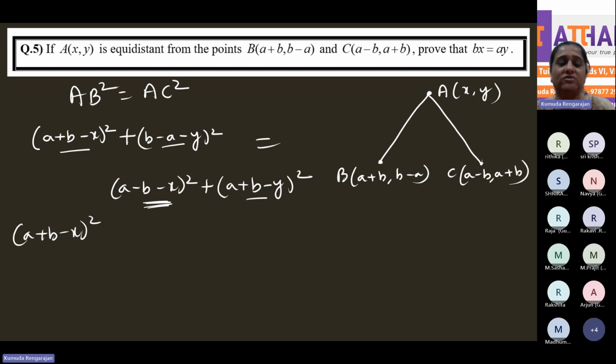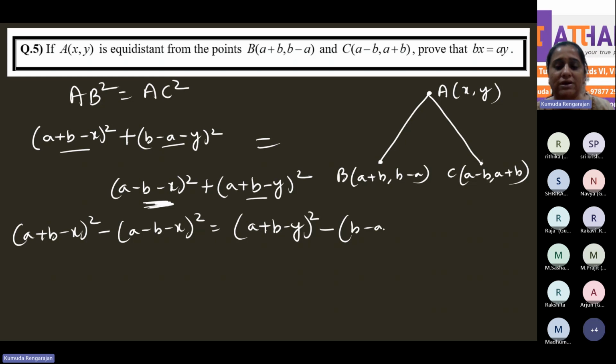For this, you have to transpose. So you have A plus B minus X the whole square on the left-hand side. Move this one, so it'll be minus A minus B minus X the whole square is equal to A plus B minus Y the whole square already on the right-hand side. When you move it, minus B minus A minus Y the whole square. Simply transposing, nothing else.